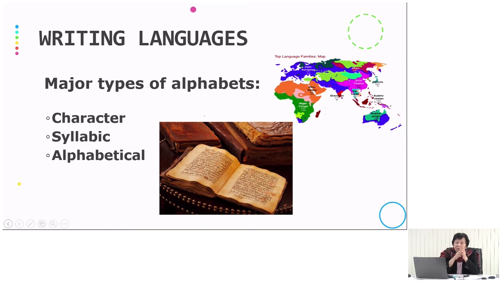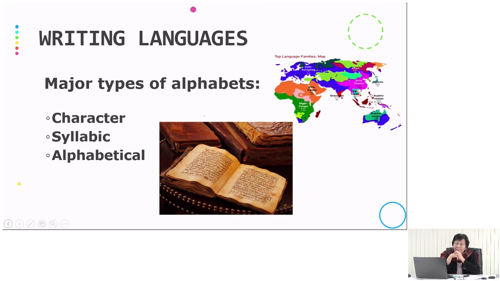Another type of writing language uses syllabic alphabets. Syllabic alphabets, what does it mean? One symbol represents one syllable. What is a syllable? A syllable is the combination of consonant and vowel, or the vowel sound that is heard each time.